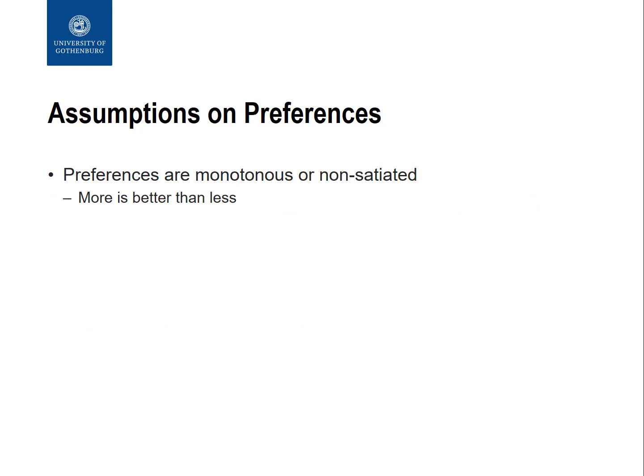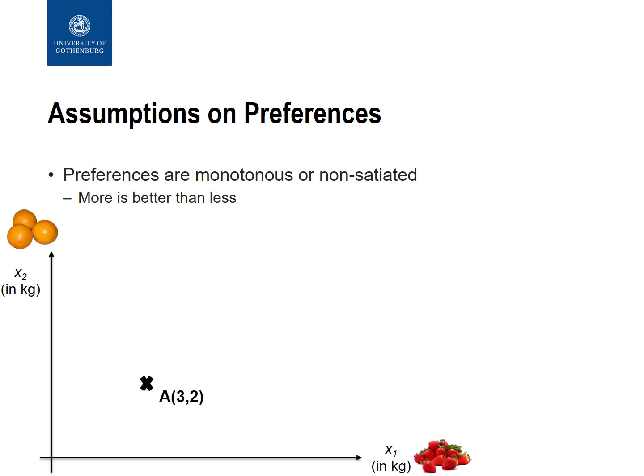The fourth assumption is the monotonicity or non-satiation of preferences. This means that more is better than less. For example, having 2 units of one good is at least as good as having 1 unit of that good. We can interpret that graphically. Imagine you have point A, which is composed of 3 kilos of strawberries and 2 kilos of oranges.